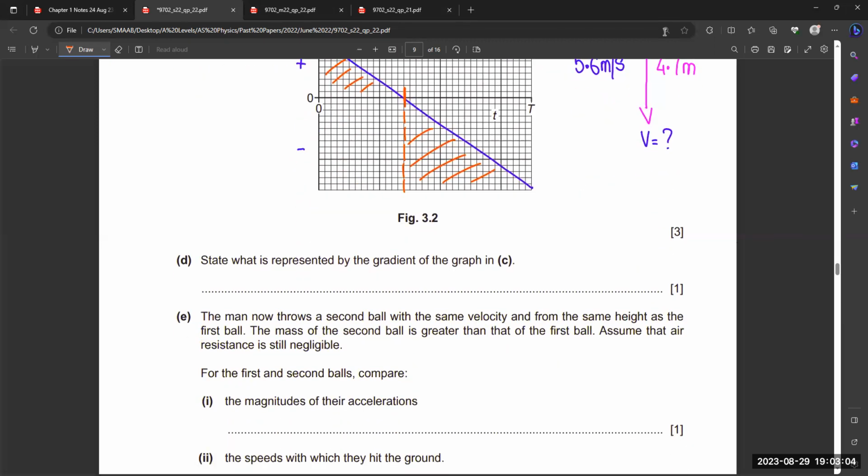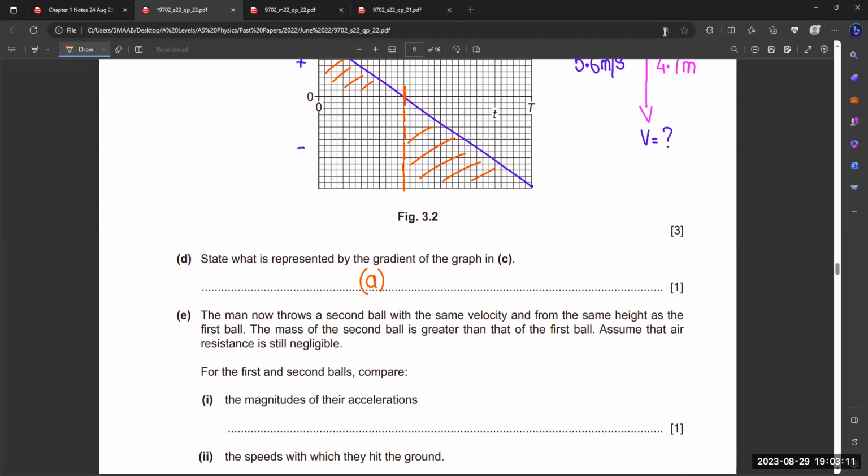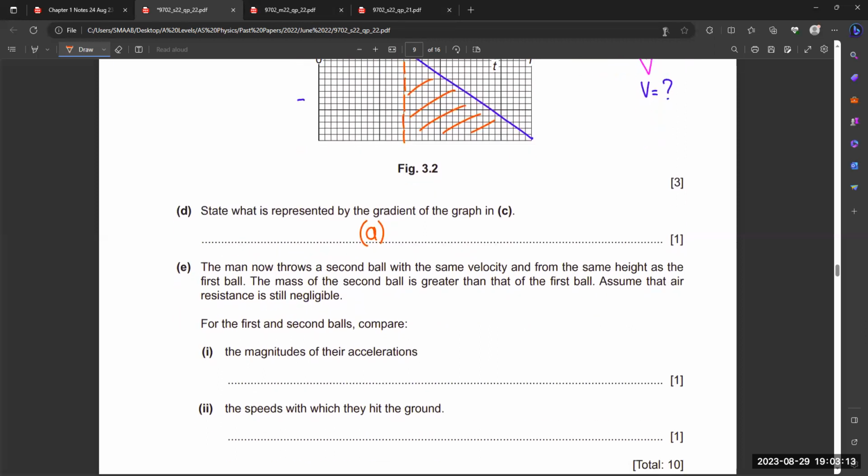And part D is the next one, very simple: acceleration. We know that the magnitude of the acceleration is going to be the same, right? And the speed with which it hits the ground is also the same.